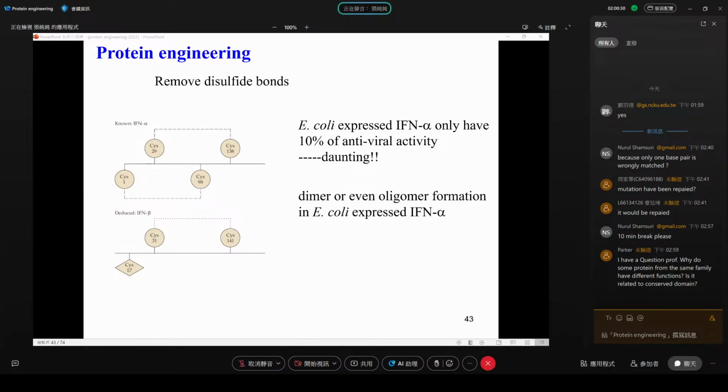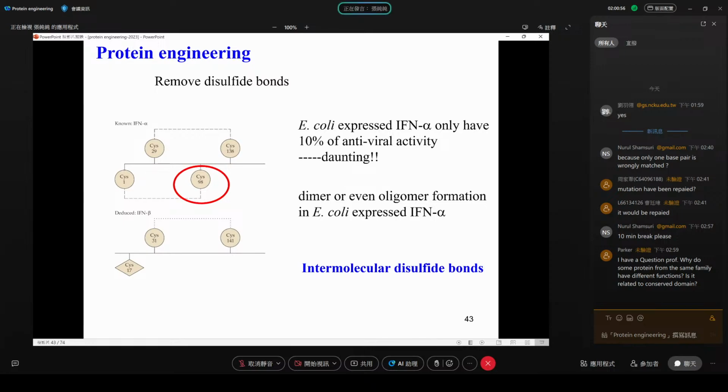After you know that, it becomes easy. You just remove the disulfide bond, right? No matter whether you remove this one or that one, it won't cause any dimer or oligomer formation anymore, just purely by removing one residue. So E. coli expressed interferon becomes so powerful.